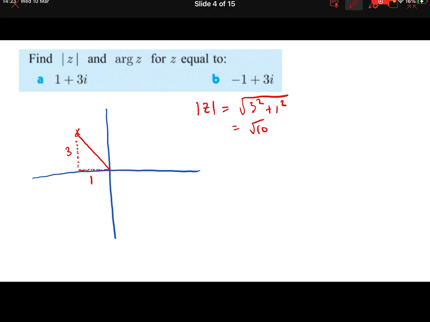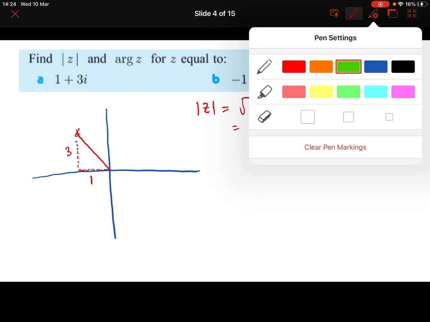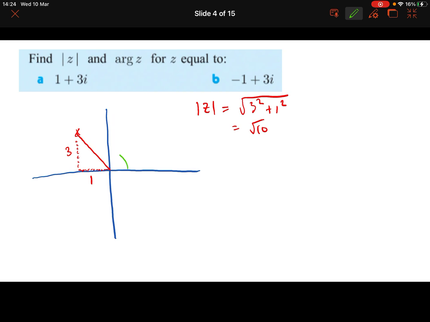Now, we need to know what the argument is. Well, the argument is this angle here. So clearly, it's basically going to be 180 minus this angle here, or pi minus that if we're talking about radians, which is what we should be doing. So tan theta is equal to 3 over 1, so theta, this is theta, is equal to 1.25.